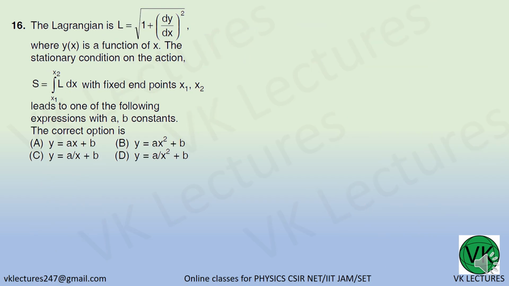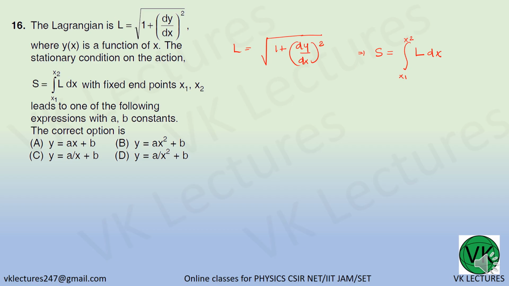Question number 16. The Lagrangian L is given by L is equal to root of 1 plus dy by dx whole square, where y of x is a function of x. The stationary condition on the action S, which is the integral from x1 to x2 of L dx with the fixed points x1 and x2, leads to one of the following expressions with a, b as constant.